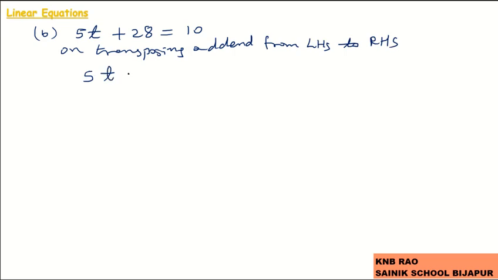That gives 5t equals, already there is 10 in the right hand side, that is to be kept as it is first. Now this addend, if it comes this side, becomes subtrahend. So we will write minus 28. Don't make any mistake by writing 28 first. Whatever is there in the RHS should be written first, and beside it, whatever is getting transposed will come.